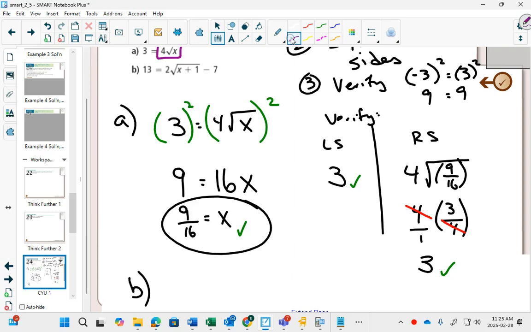In B, here is our term with the square root. Is it all by itself? No. Do we have like terms? Yes. 13 and -7 are like terms, but they're on opposite sides of the equation, right? So what you do to one side, you do to the other. You see that you would add 7 to both sides, giving you 20 equals 2 root x plus 1.